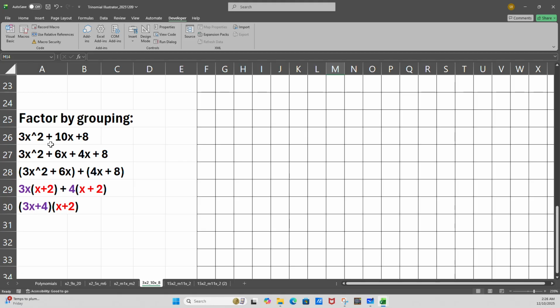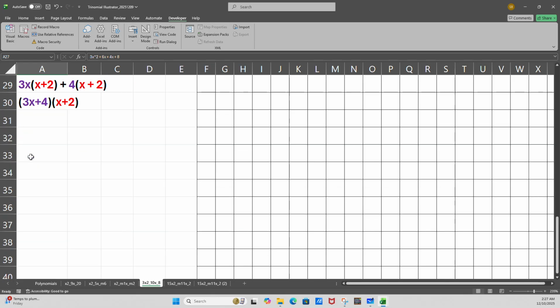Since we have 3x here and you want to find something to factor with, it might be useful to use 9, 6, or 3, right? Well, if you take 6, then what's left over is 4. And the 4 works with the 8, right? Because we can factor 4 out of both of these terms, just like we can factor 3x out of these 2 terms when we group them together.